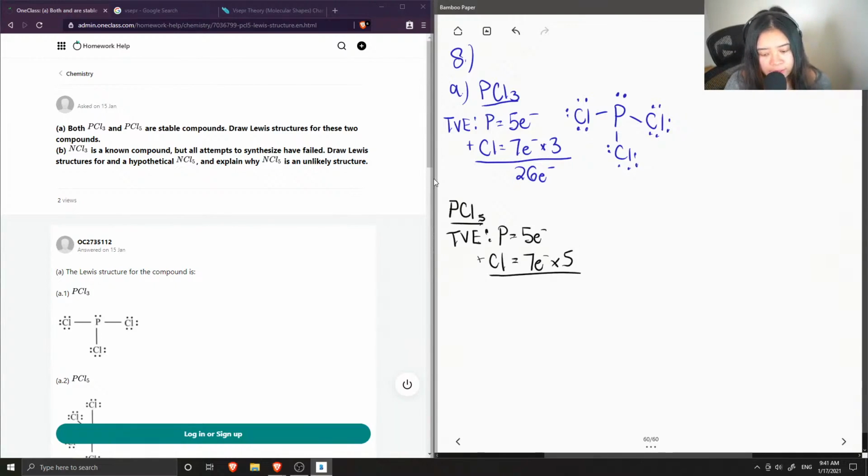So 35 plus 5, that gives us 40 valence electrons. So phosphorus will be our central atom, and then I'm just going to have all of the single bonded chlorines and show all of their lone pairs.